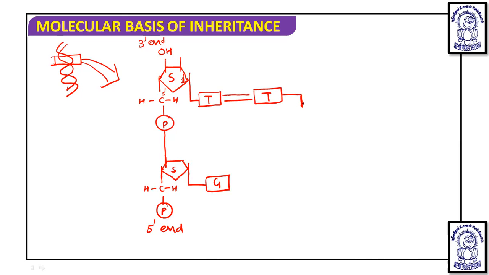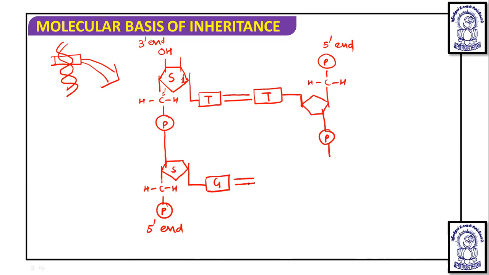Now thymine, if we talk, it is attached to the first carbon, like this. And here at the fifth carbon you will see the attachment of phosphate, 5 dash end. Here the phosphate is there.